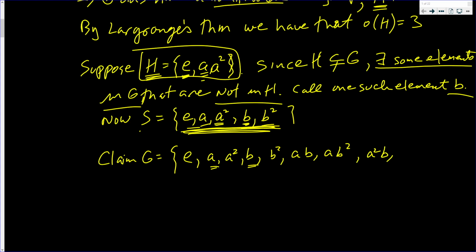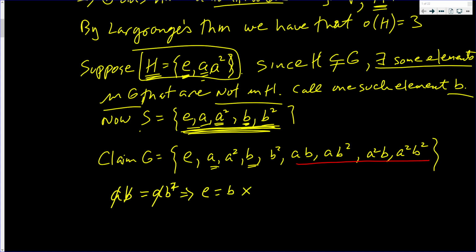First, let me show that these are all different. AB equals AB squared. I cancel A on the left, I cancel a B on the right, and I get that E equals B. No. B and E are different.